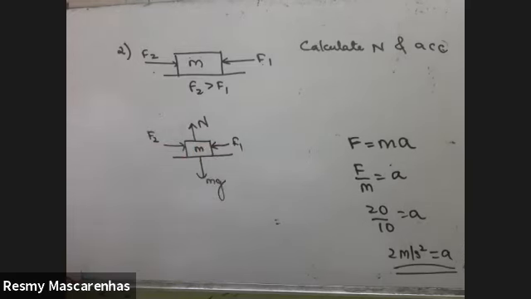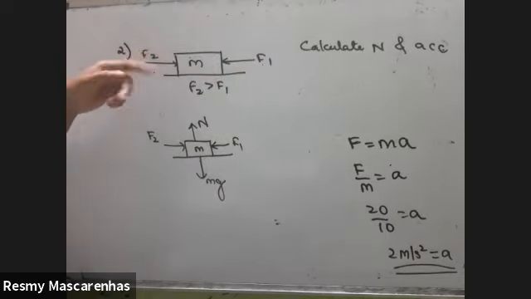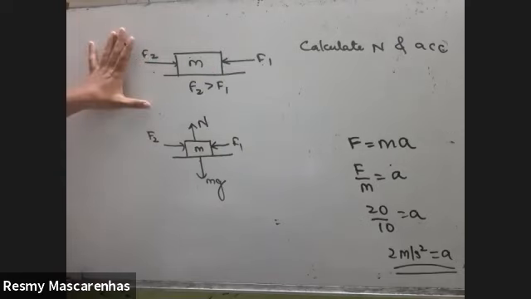Now they are saying F2 is more than F1. Like there's a person A trying to push the object this side, and a person B trying to push the object this side. But the one with F2 has more force. So which side will the object be moving, in the positive side or in the negative side? Which side will be the acceleration?